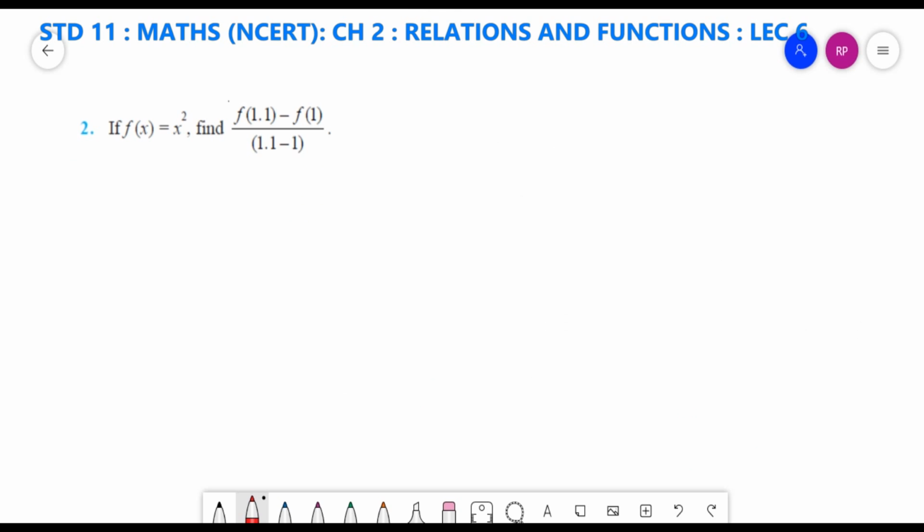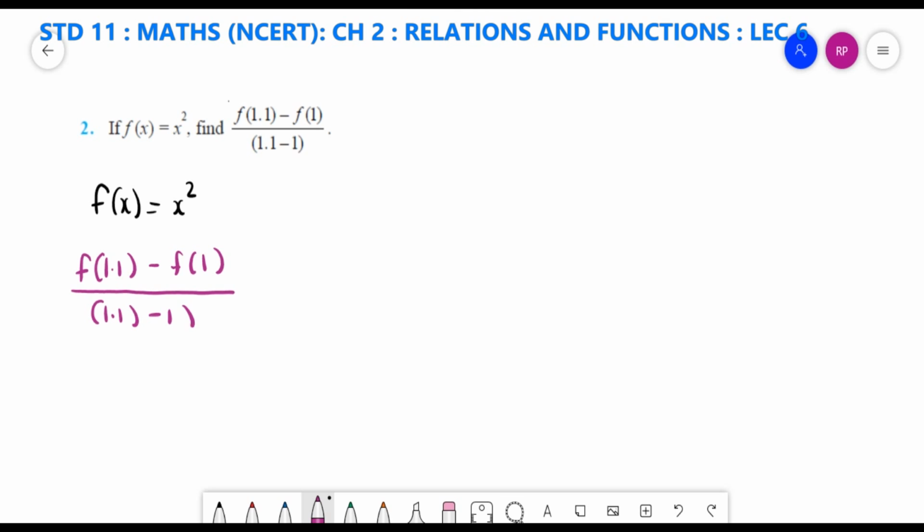Now let's move to question number 2. Here it is given f(x) is equal to x square. It is clearly given f(x) is equal to x square, and you have to find f(1.1) minus f(1) upon 1.1 minus 1.